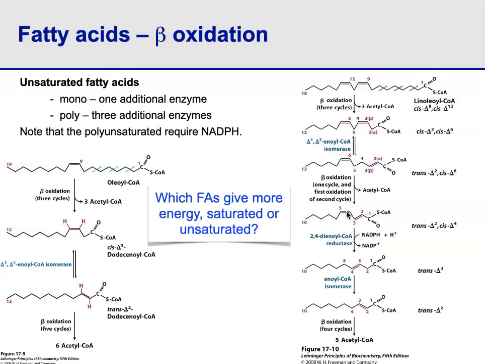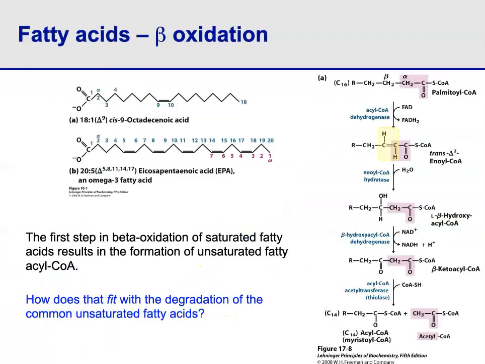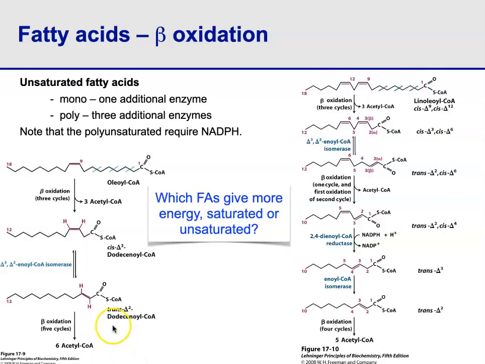But there's something else that you may or may not realize. The first step for saturated fatty acids is to remove an electron pair from between the alpha and the beta carbons and load it on FAD to make FADH2. That will not happen with the unsaturated fatty acids. This double bond will be isomerized, but that first dehydrogenation, the first oxidation step, will not happen for unsaturated fatty acids.